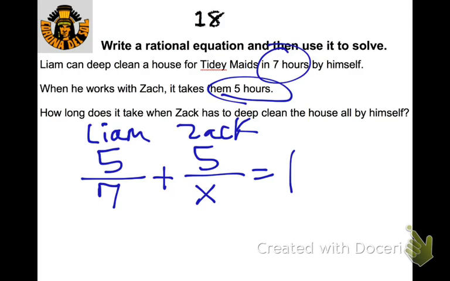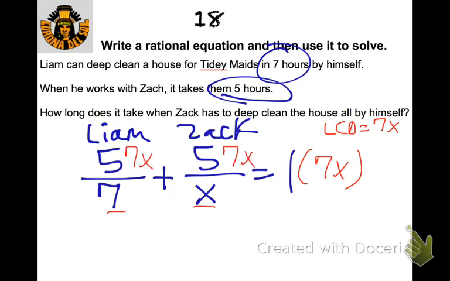As far as solving this, it's the same as the other one. So the LCD is 7 times x, or just 7x. So we multiply 7x by everything. 7x next to everything. So let's look to see what cancels out. The 7 cancels with the 7, and that would be 5x. The x cancels out.